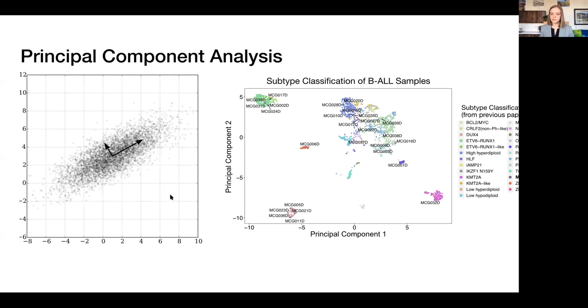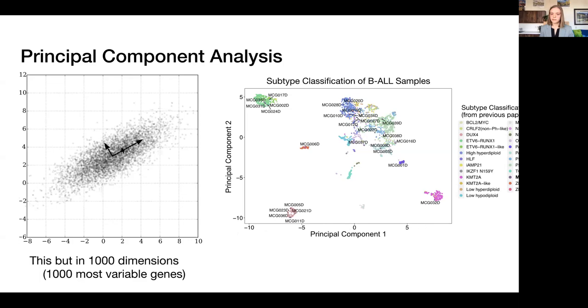So principal component analysis is basically you have some data set that's in some number of dimensions. Here's an example with 2 dimensions, but I'm actually using something that's more like 1,000 dimensions, because for each of these samples, I'm looking at the 1,000 most variable genes. And then you take the dimension along some axis that has the most variability. That would be principal component 1 that you can see here.